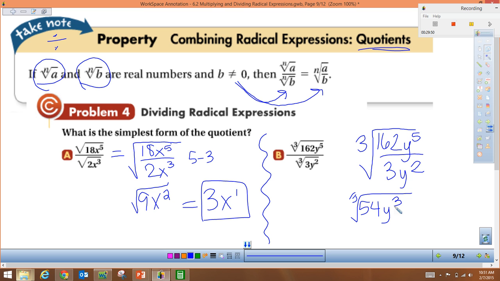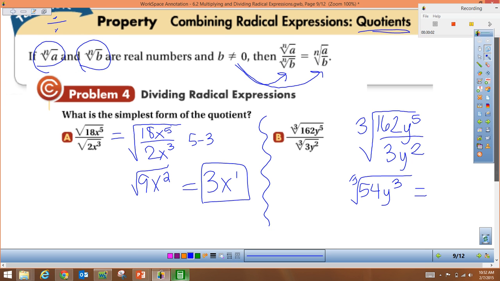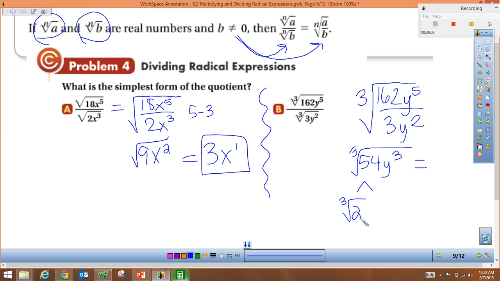So we can take the cube root of 54y cubed. It's actually not a perfect cube, but it can separate into something that is. So we can get the cube root of 27 out of here, and we are left with the cube root of 2 times the cube root of y cubed.